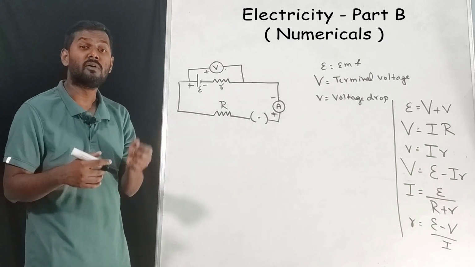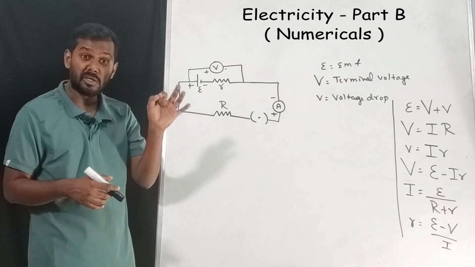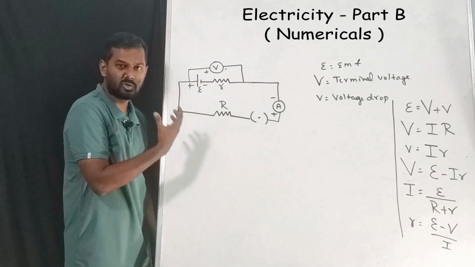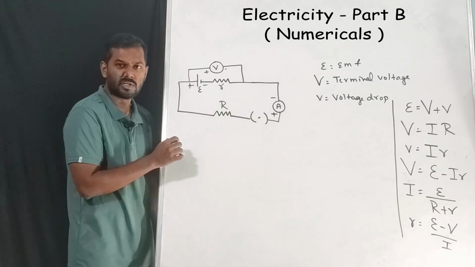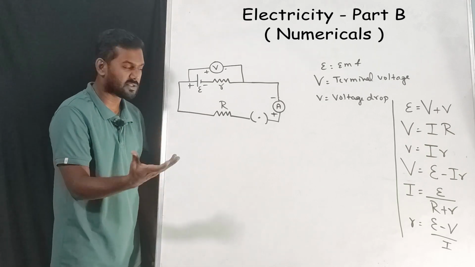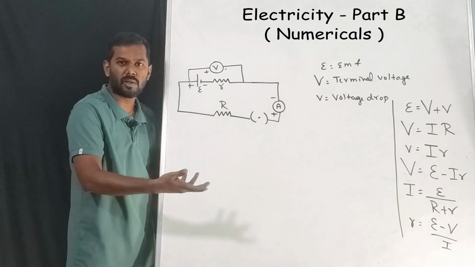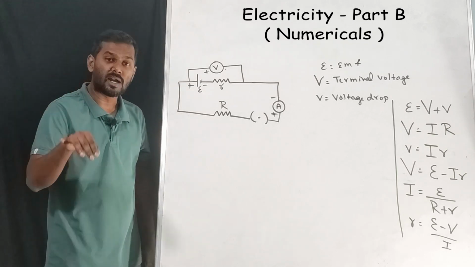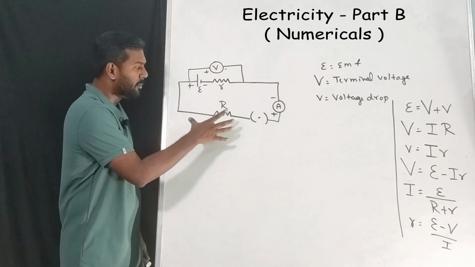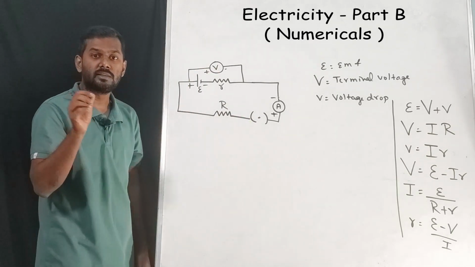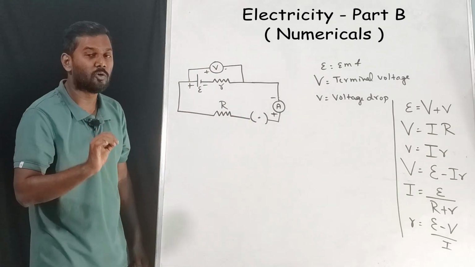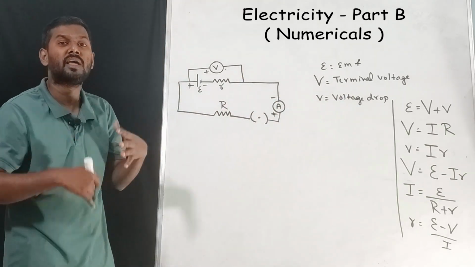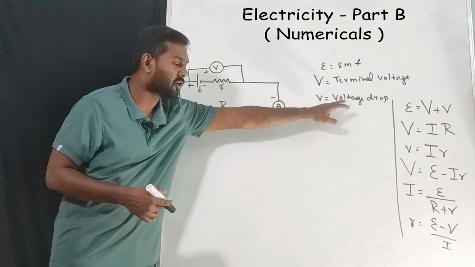The conductors which have zero resistance, almost negligible resistance, but we are not using superconductors. So whatever conductors, the wires we are using, those wires have some resistance. And the appliances we are using, inside that appliance we are using a conductor only, so that conductor will also have some resistance. Because of this resistance, some voltage will be dropped, that is nothing but voltage drop.